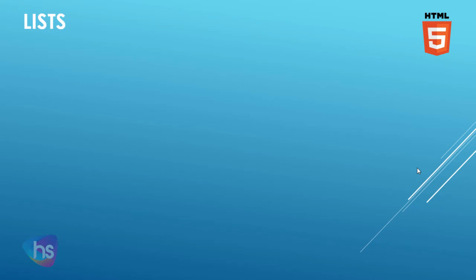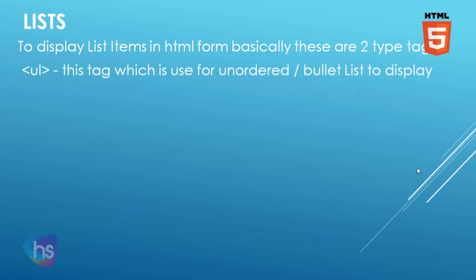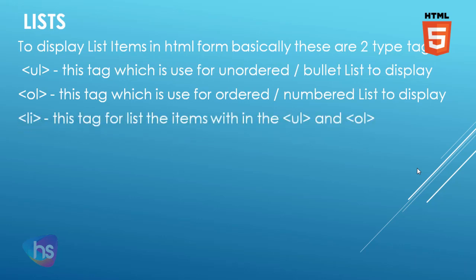Lists. Sometimes we need to display a list of items. To display list items in HTML form, basically two types of tags are available. One is the ul tag, which is used for an unordered bullet list, and another one is ol, the tag which indicates an ordered numbered list to display on the web page, with the help of the list item li.